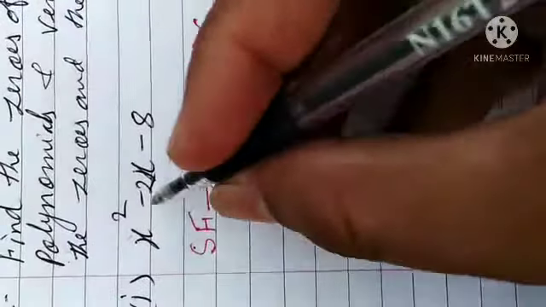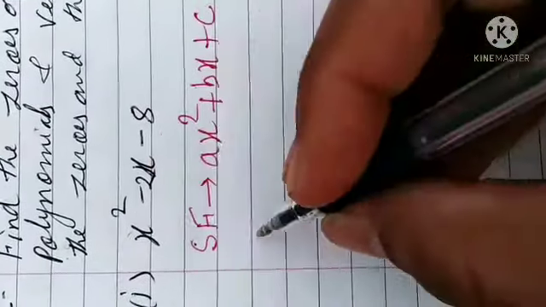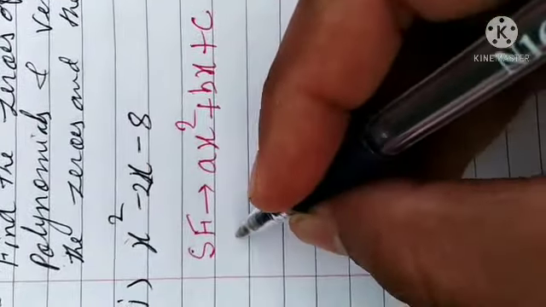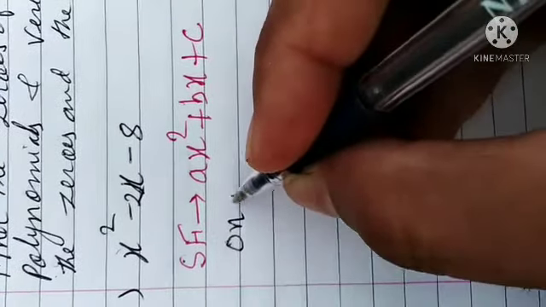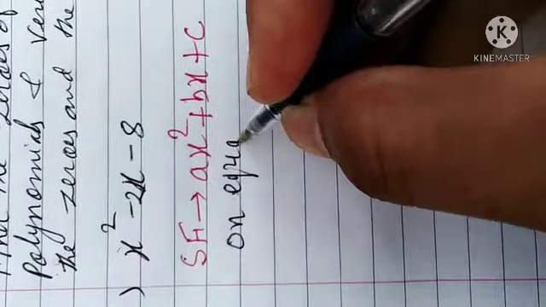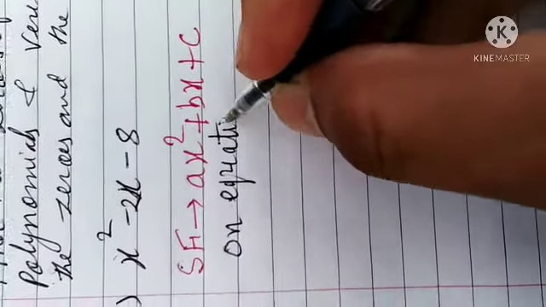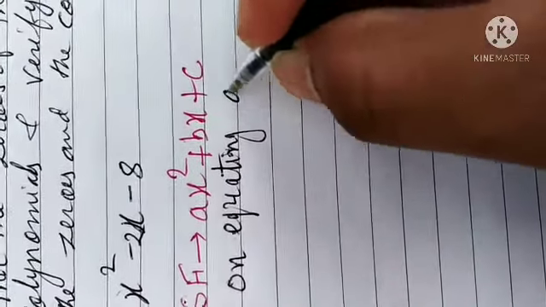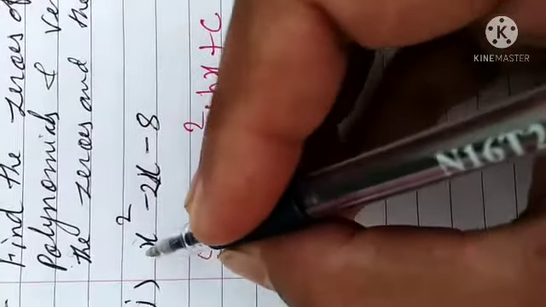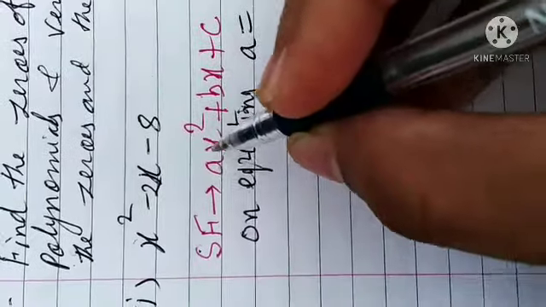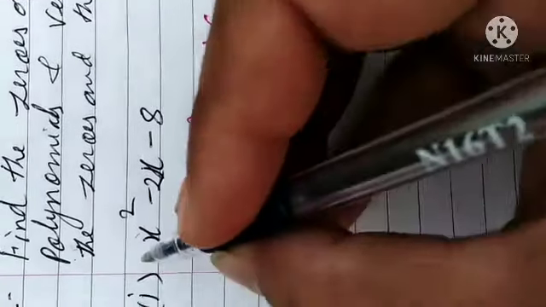So if you equate the standard form with the given polynomial, what do you get? What is the value of a? The coefficient of x square here is 1, and in the standard form it is a. So a is equal to 1.